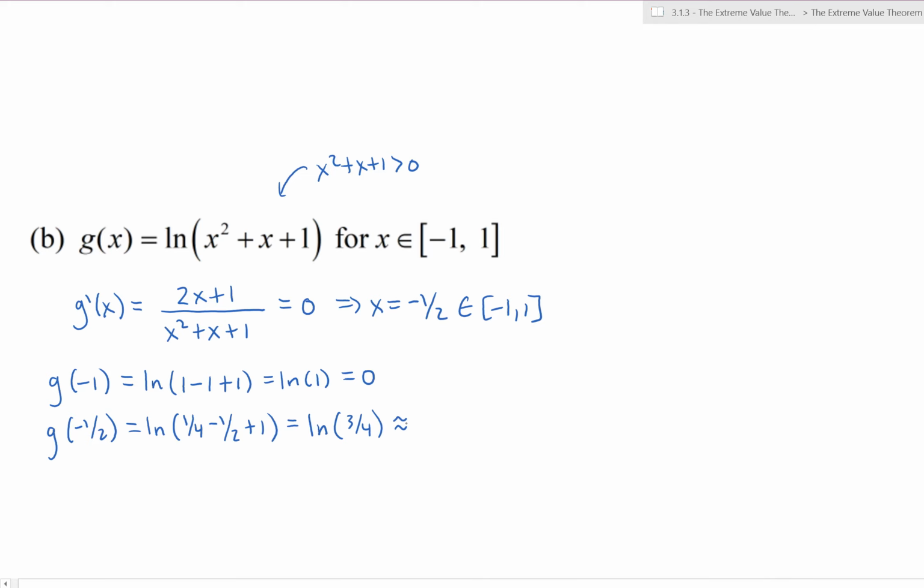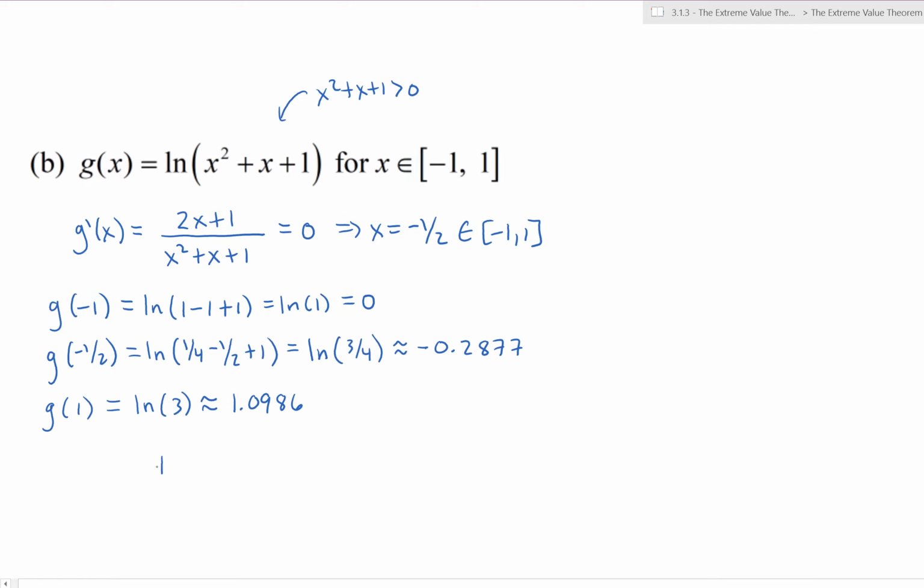And if you press a button to find out numerically, it's approximately -0.2877. Finally, evaluate this function at the right-hand endpoint. G evaluated at 1, we get the natural log of 1 plus 1 plus 1, which is the natural log of 3. And button pressing tells us that the natural log of 3 is approximately 1.0986.